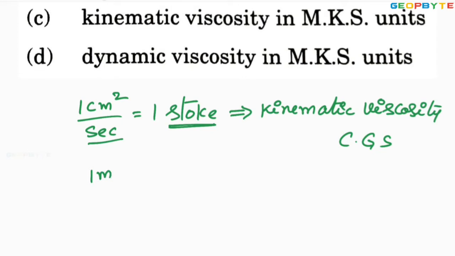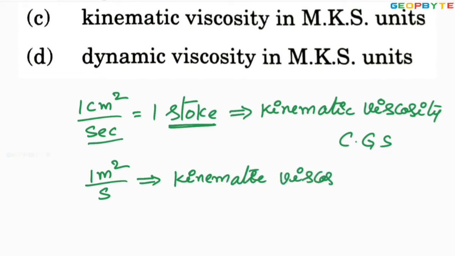Whereas 1 meter square per second is also the kinematic viscosity unit, in MKS system. So kinematic viscosity is in meter square per second in MKS system. Kinematic viscosity in CGS system is either in centimeter square per second or stoke.